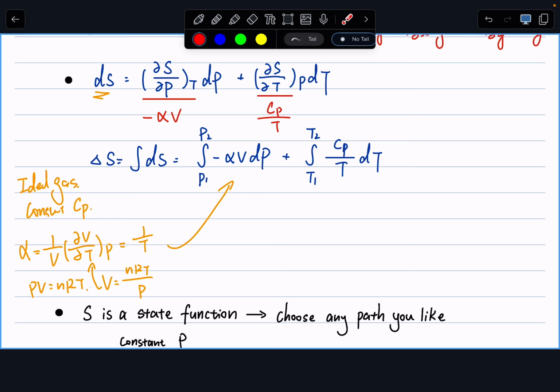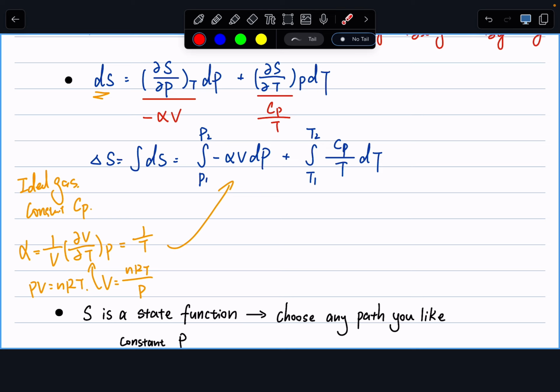Now, in this case, we're not specifying how the thermodynamic state change is taking place, meaning from my initial P1, T1, to my final, P2, T2, I don't know how things are changing. We can say the real path is something like this, right? And let's say this is my initial S1, this is my final S2.